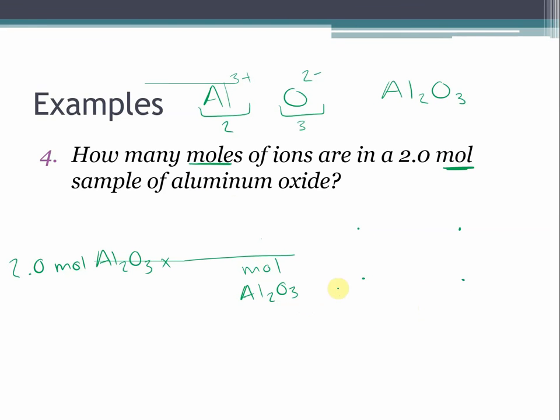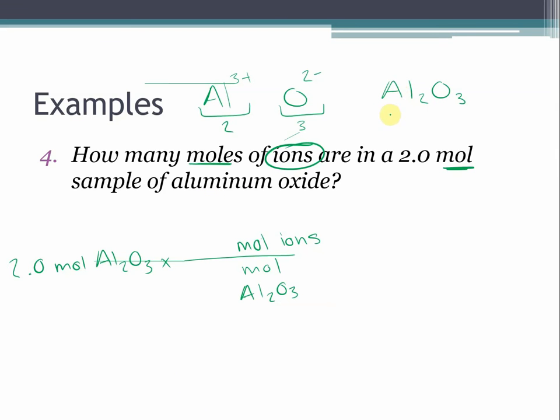Or we can go from moles of aluminum oxide straight to moles of ions. You'll notice it doesn't specify types of ions. It doesn't say aluminum ions and it doesn't say oxide ions. It just says ions, as in all the ions together.